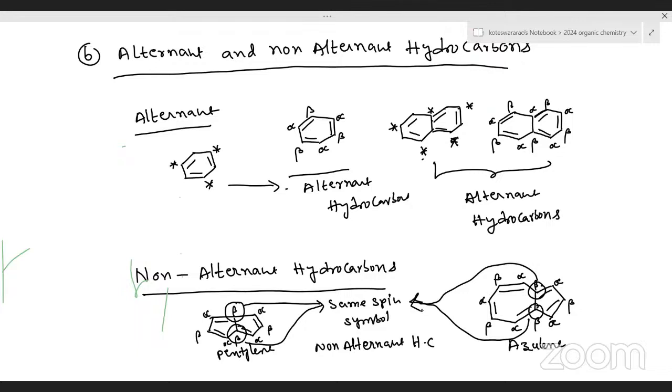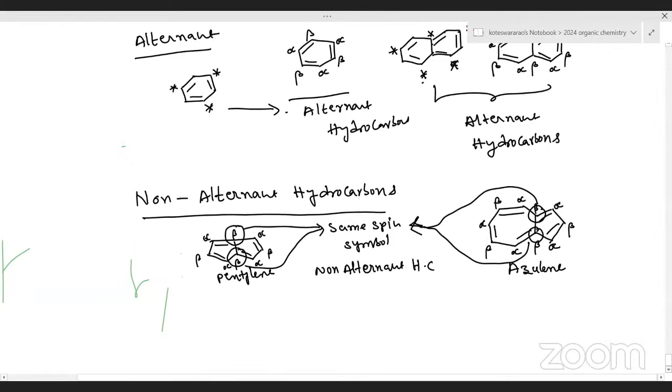Here also, Huckel's rule has its own exceptions. Based on the exceptions, it shows some limitations. What are the limitations? Come to the exceptions or limitations of Huckel's rule.